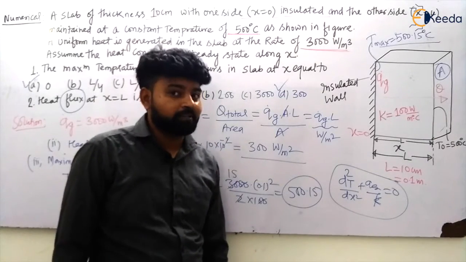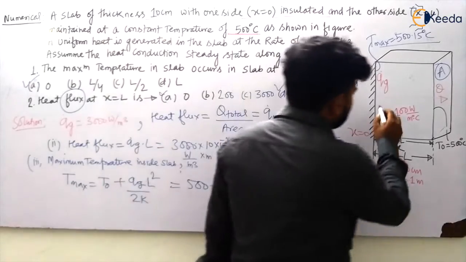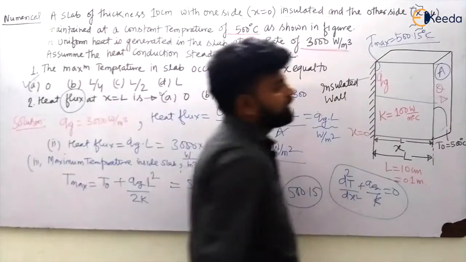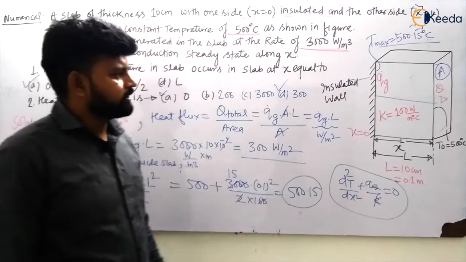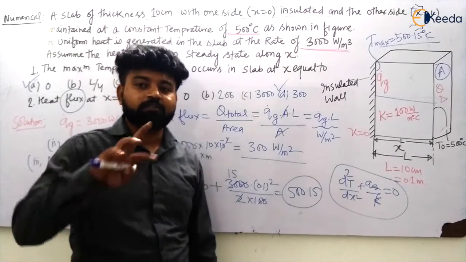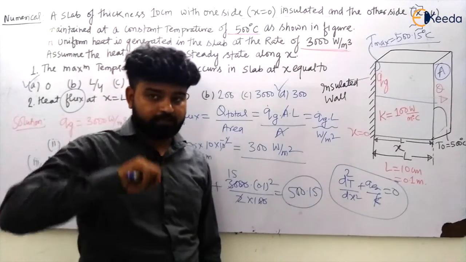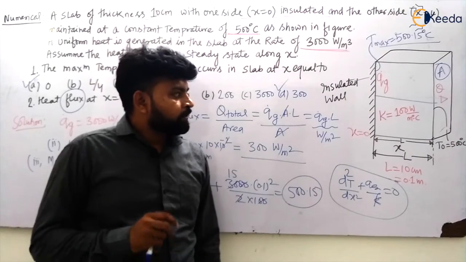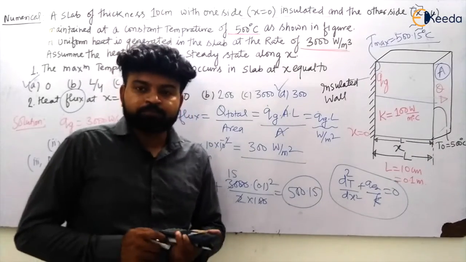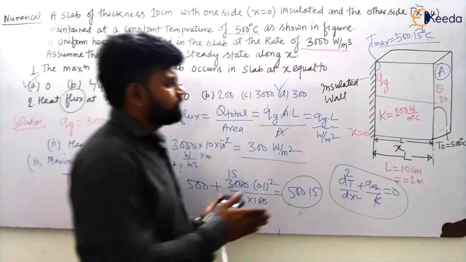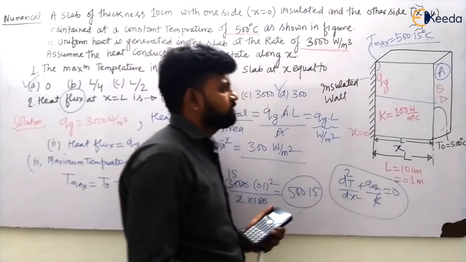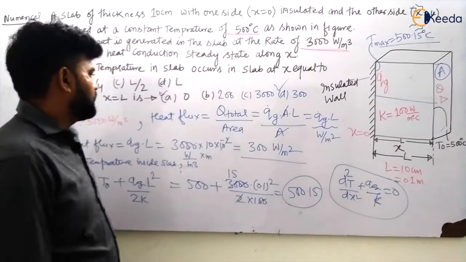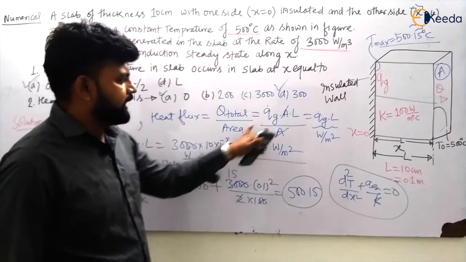So the temperature gradient will be less, and we can apply the lumped system analysis here, because the temperature is almost constant inside this. So you know the maximum temperature now. You can also calculate the total heat transfer from this side. You have already calculated Q total, which will be Qg A L.